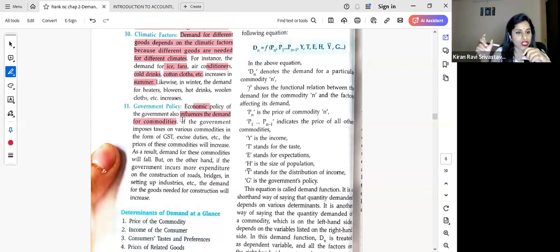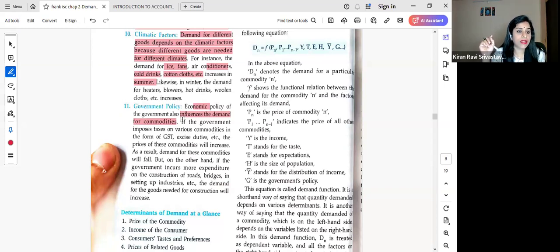There are slabs for GST. For restaurants, the government had put the restaurant at the 18% slab. 18% is one of the highest slabs. I think the highest is 28%. Online education also comes in the 18% slab. So in restaurants, the government had put GST at 18%.